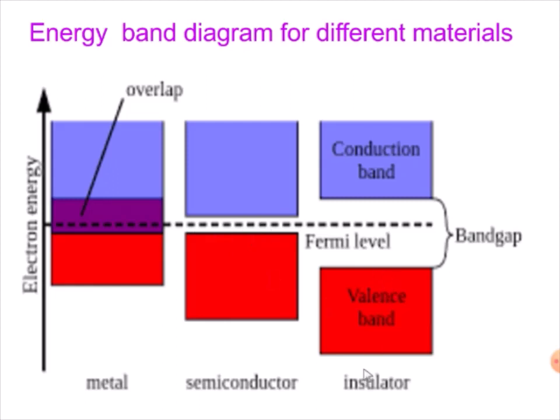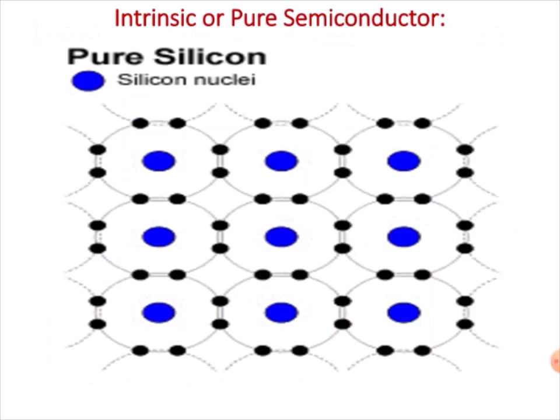But in the case of insulator, the energy gap is very high, more than 3 electron volt, and it may be around 6-7 electron volt. And as this energy gap is very large, none of the electrons in the valence band can have that much energy required to reach the conduction band, so it can't conduct electric current.